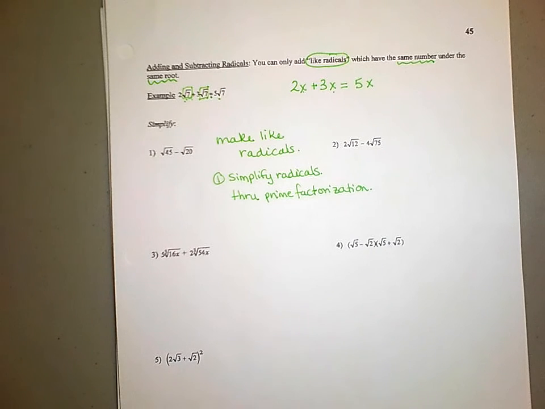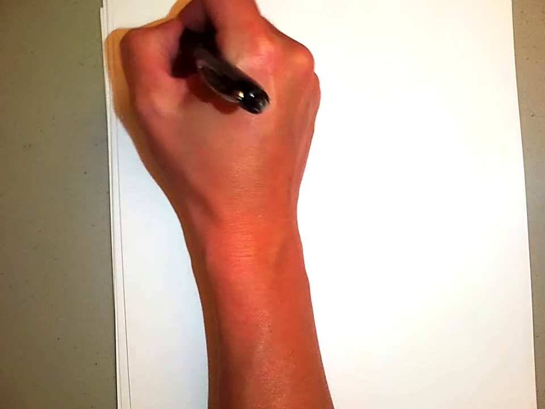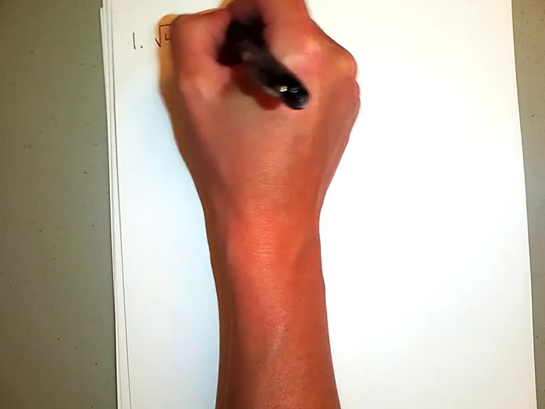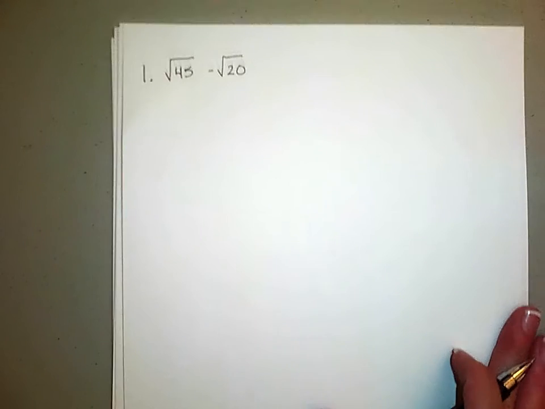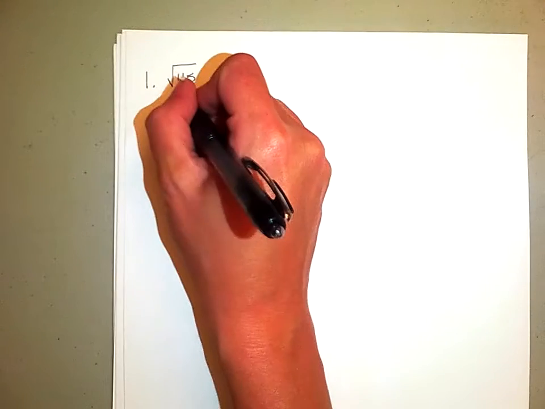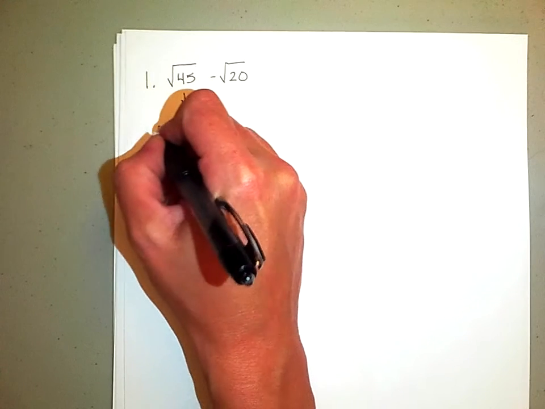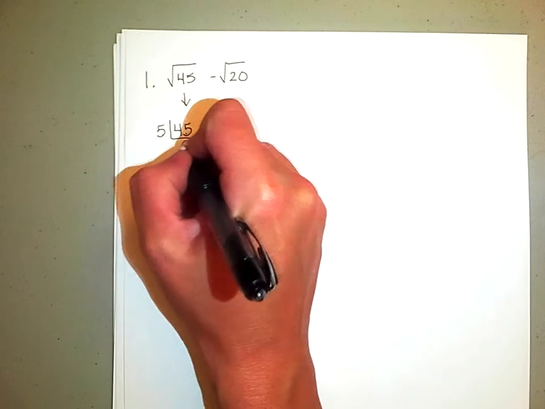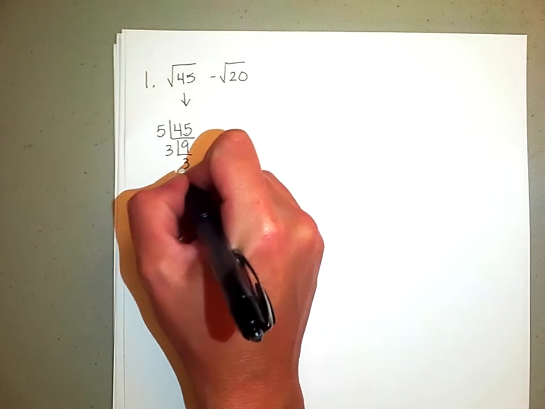Alright, so let's get started. We will do the square root number 1. We have the square root of 45 minus the square root of 20. From here, the square root of 45, prime factorization. 5 goes into 45 9 times. 3 goes into 9 3 times.